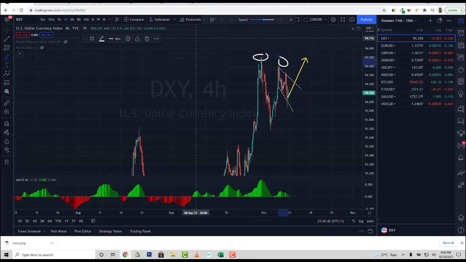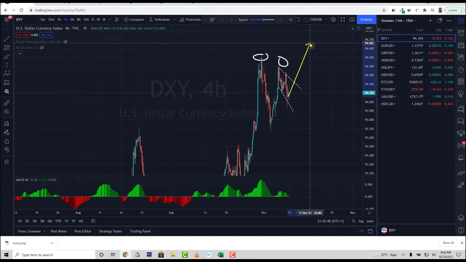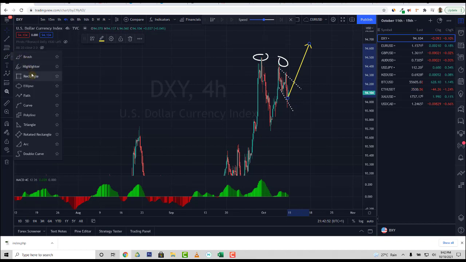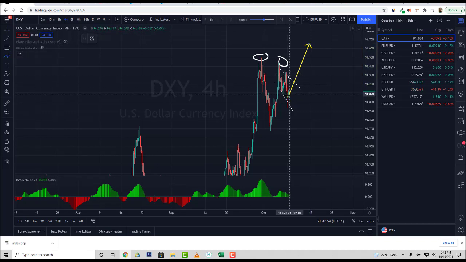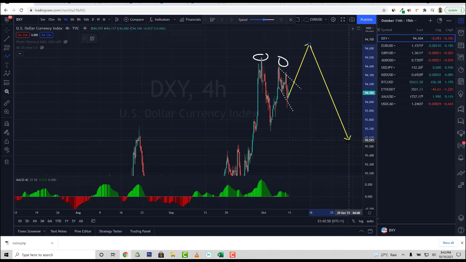Once it does, that means it is primed for the fall that is quite long overdue. So I will be looking to get this upward movement before getting a sell setup for another big fall.